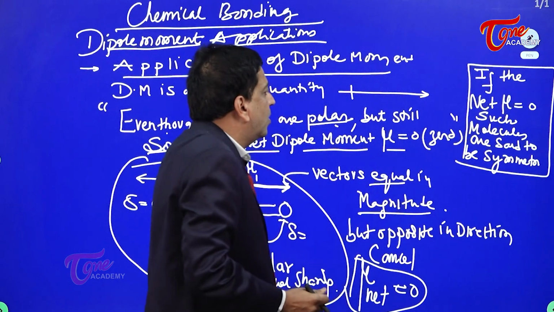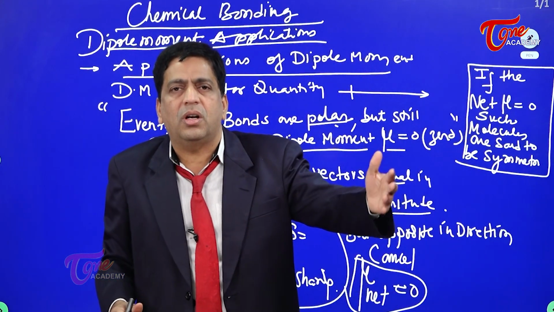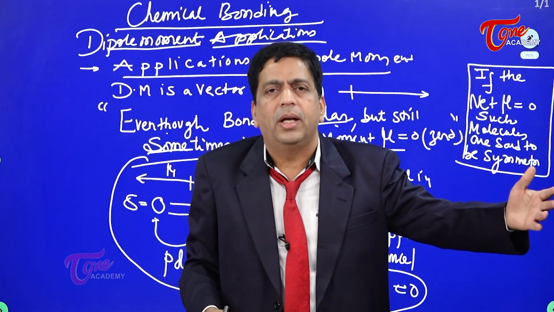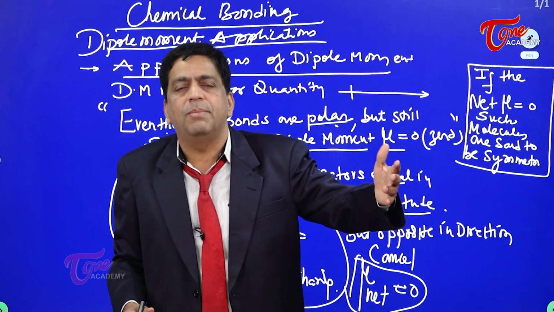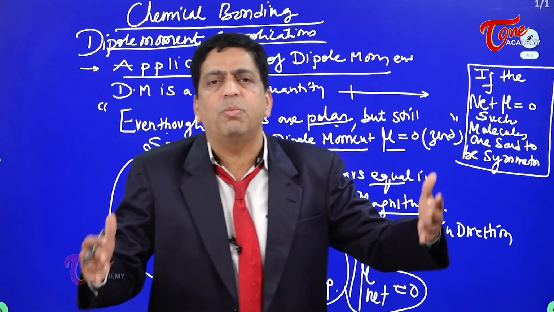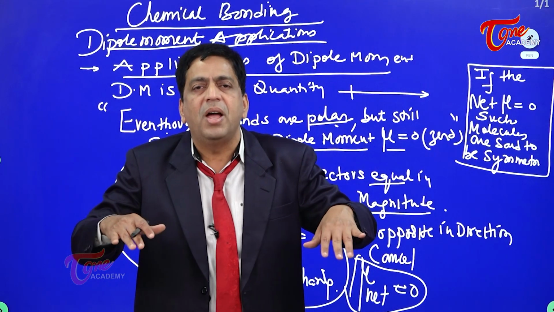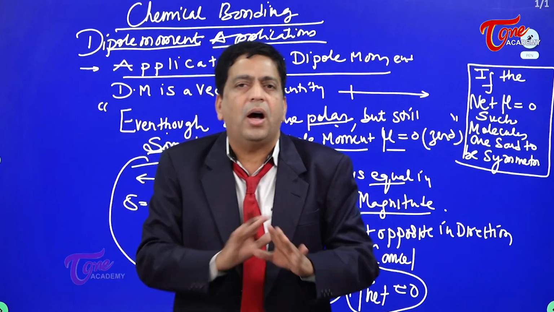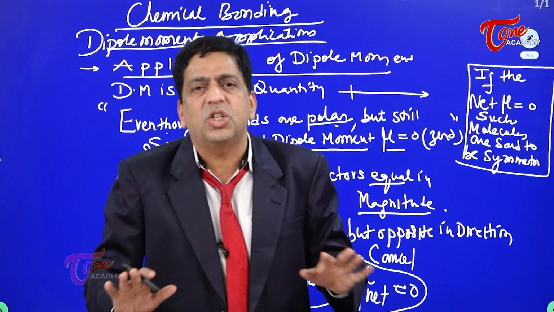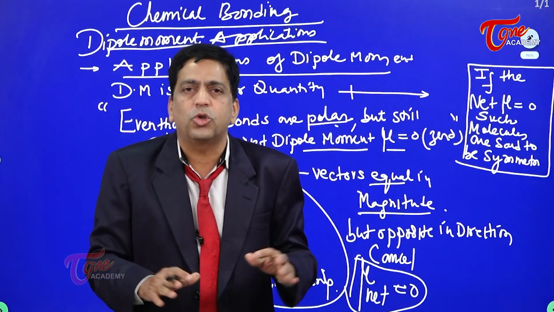You must understand, they're said to be what? Symmetric molecules. So when you're reading a textbook or a reference book back home, when you come across molecules that seem to be symmetric, then you must understand that the net dipole moment of such molecules will come to 0, even though you have n number of bonds in them and all the bonds are polar, unequal sharing of bond pairs. But still if the net dipole moment is 0, then we call such molecules symmetric.